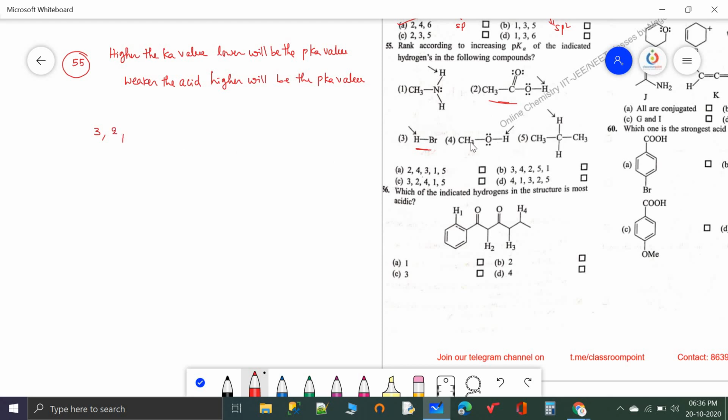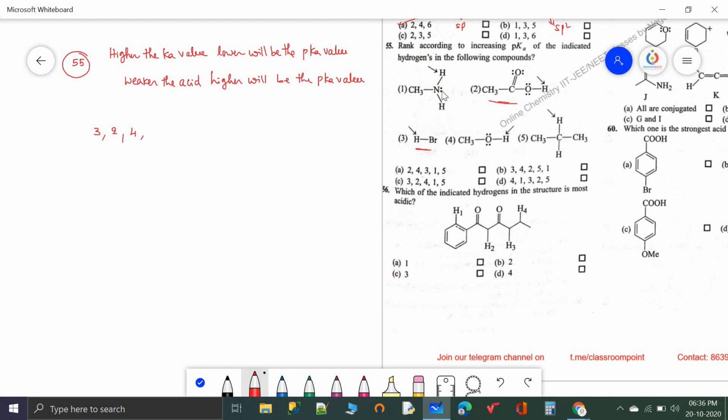Now compare these 3 molecules. In this OH, after the loss of H plus, oxygen can hold the negative charge with it, and the negative charge comes over to the more electronegative oxygen, which makes it more stable, no problem. So the fourth one is the next strong acid.